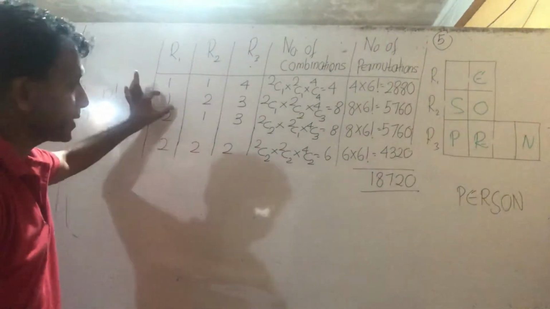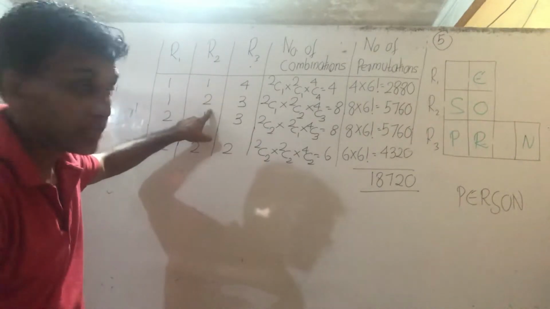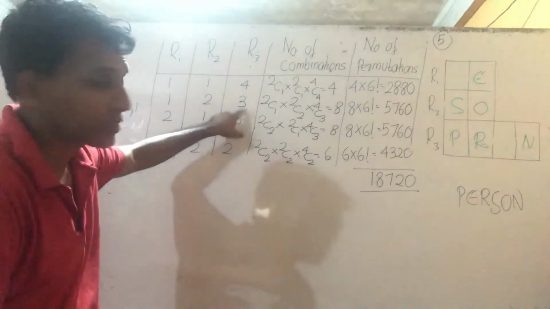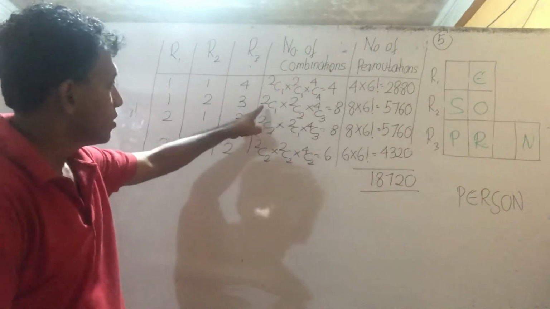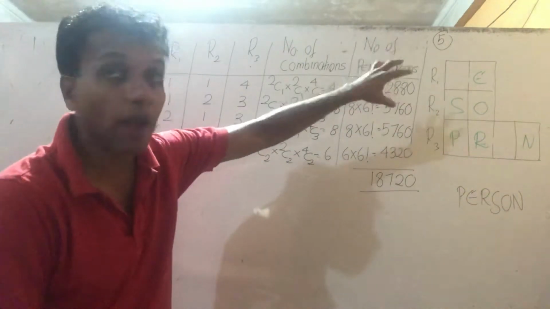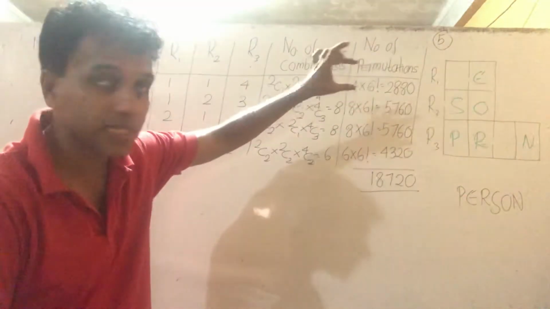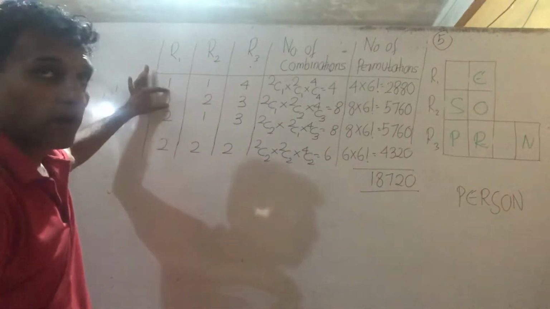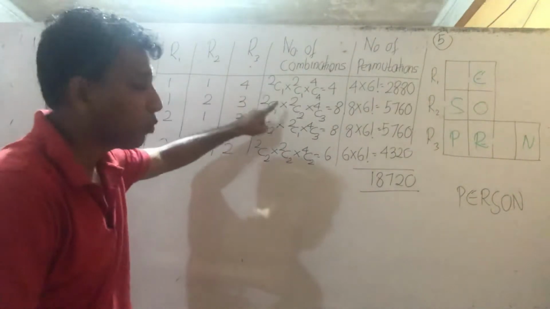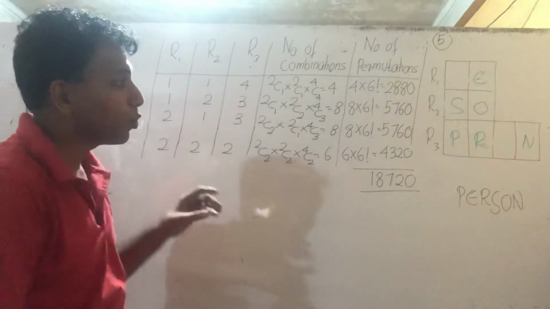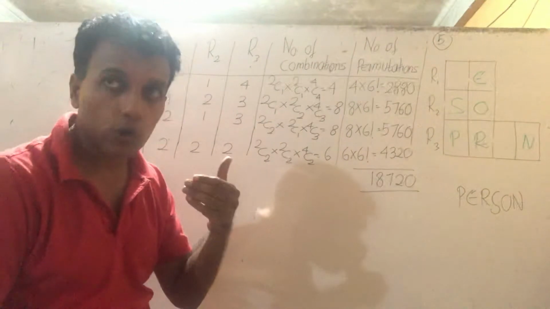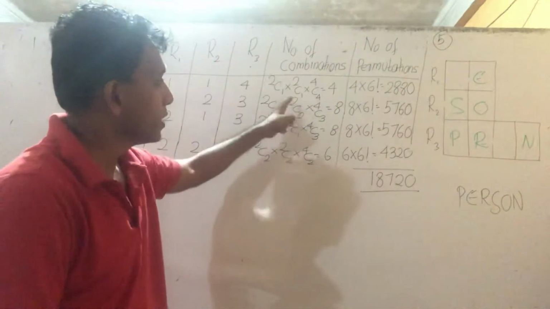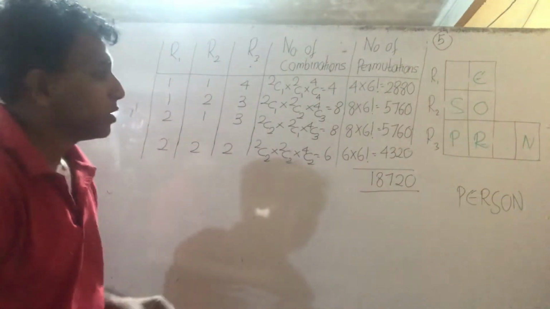And the next chance: first row 1 letter, second row 2 letters, third row 3 letters, totally 6 there. So what is the combination chance? First row, 2 blanks, 2 squares or rectangles available, only 1 I want to insert, so 2C1. Second row, 2 cages, 2 squares, 2 to be filled, 2C2.